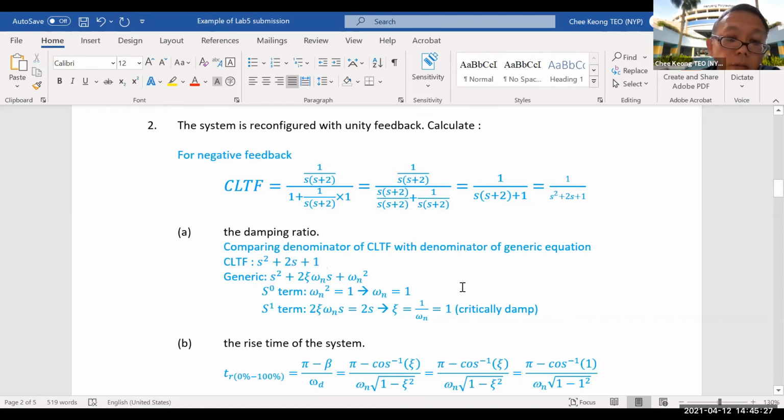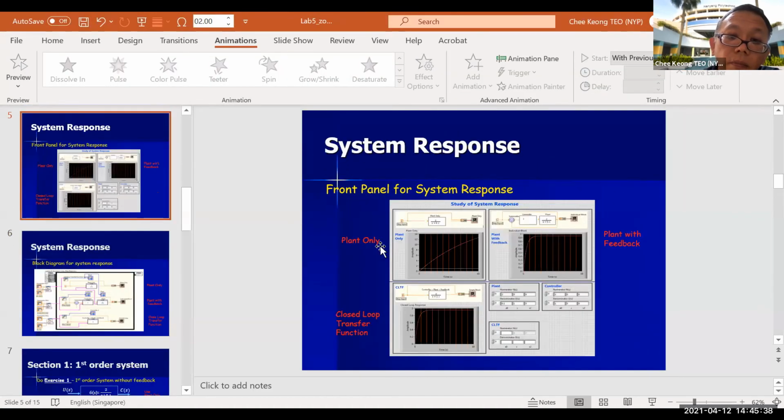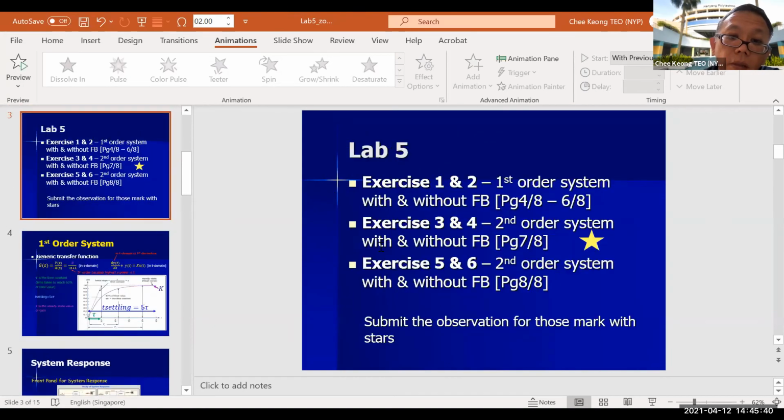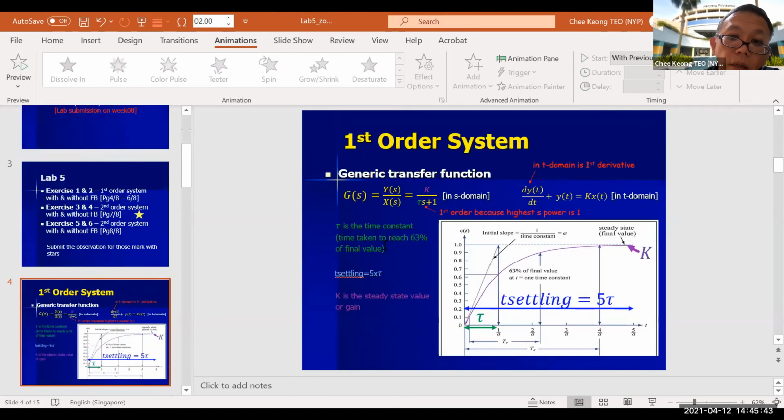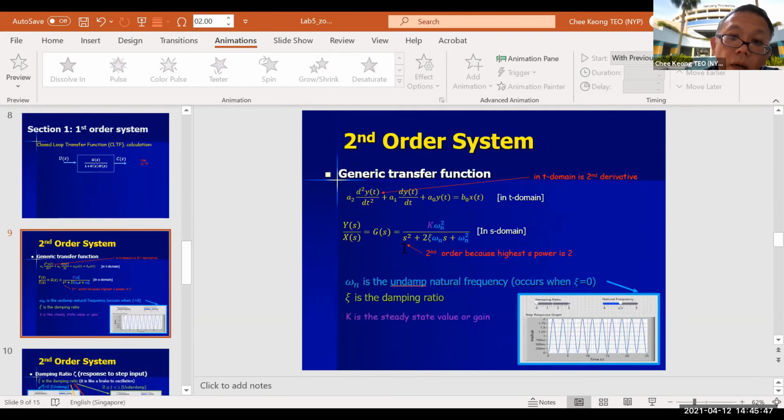Now, how about the generic transfer function? Remember just now we mentioned the generic transfer function is basically for second order. Let me scroll to the page. This is your second order.